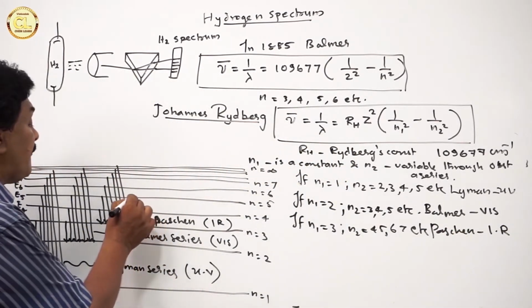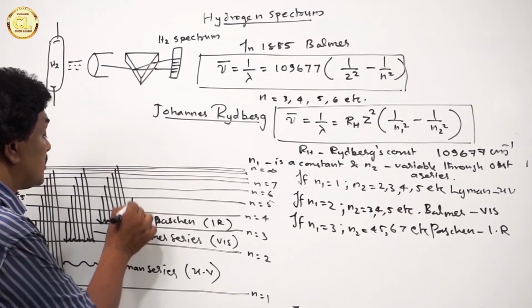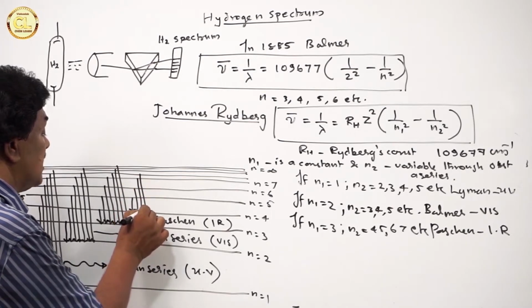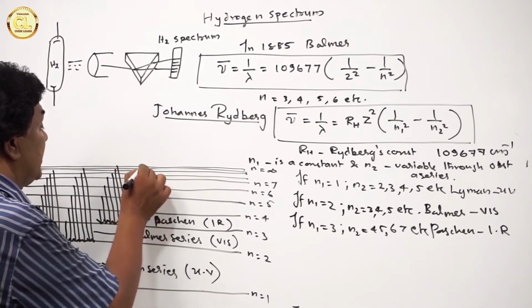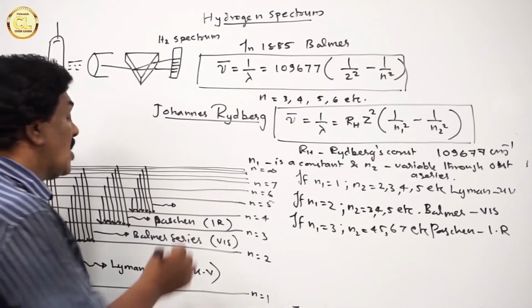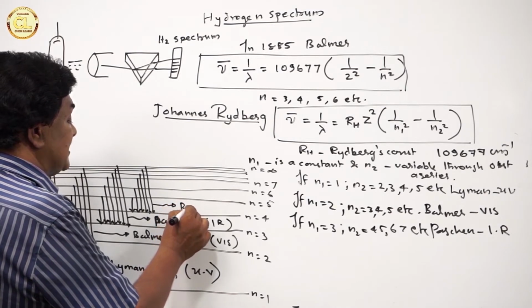Now, if de-excitation takes place from 5th to 4th, 6th to 4th and so on, see like this, then a series of lines is produced. It is called Brackett series.